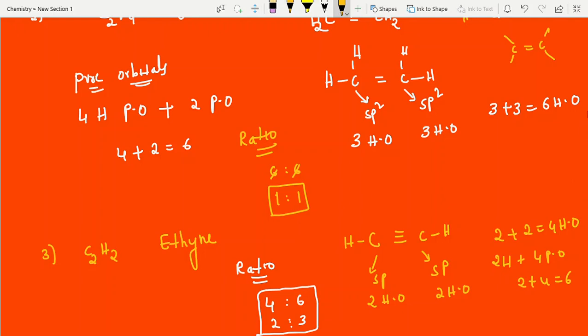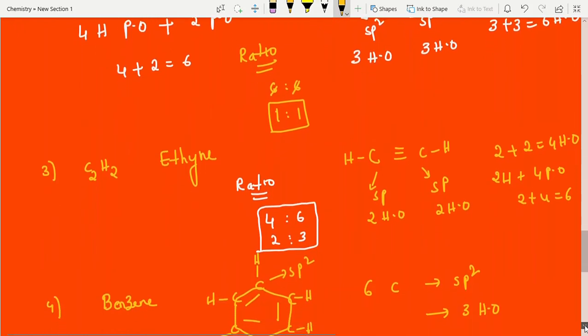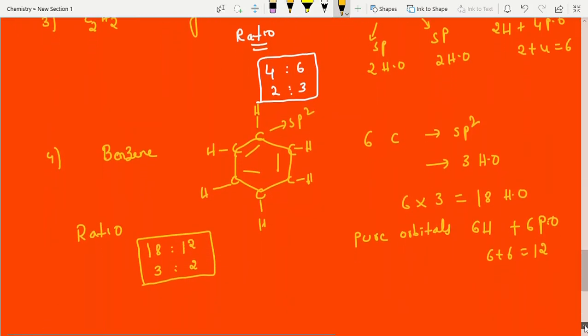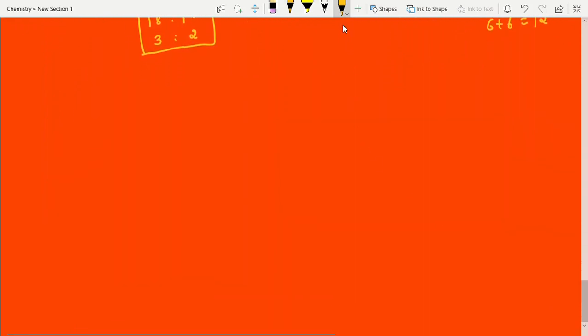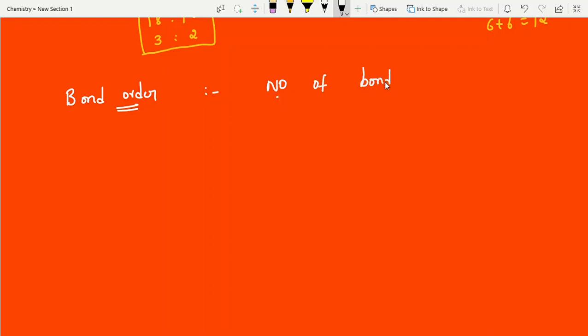Now, next topic, students. Bond order. Bond order is nothing but simply the number of bonds between two atoms.